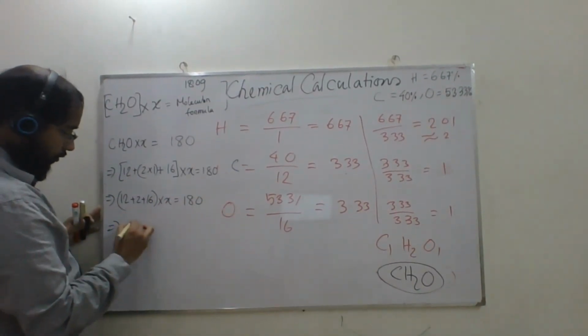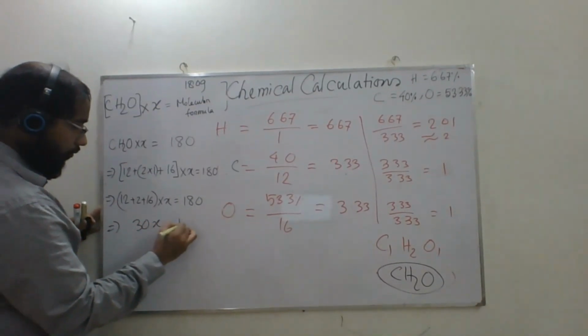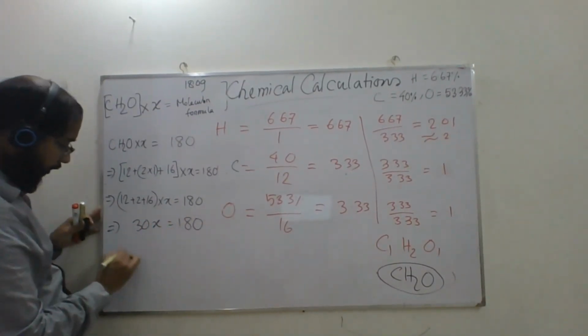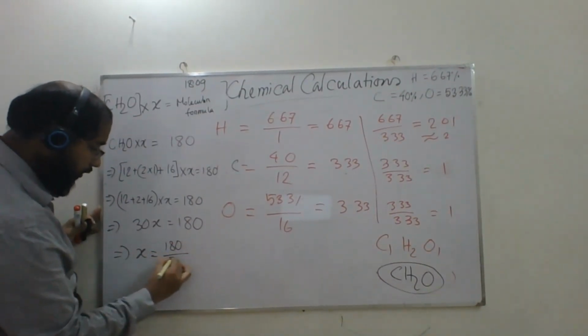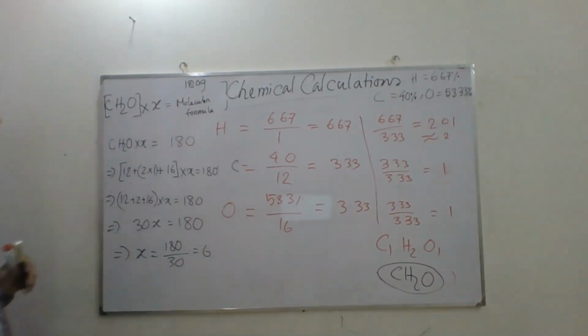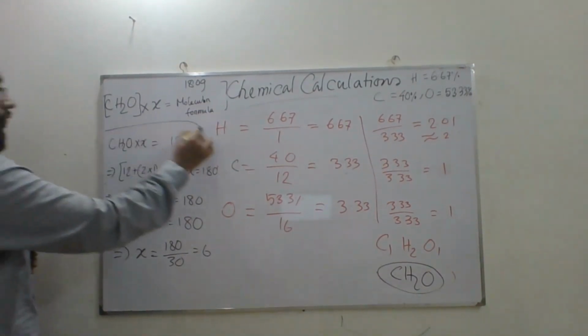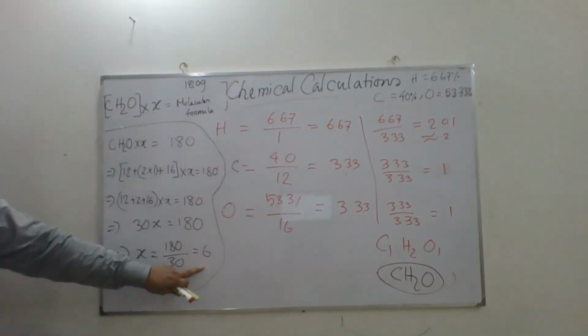So 30 X equal to 180. So therefore X equal to 180 by 30 equal to 6. So that means the simplest ratio is actually 6.